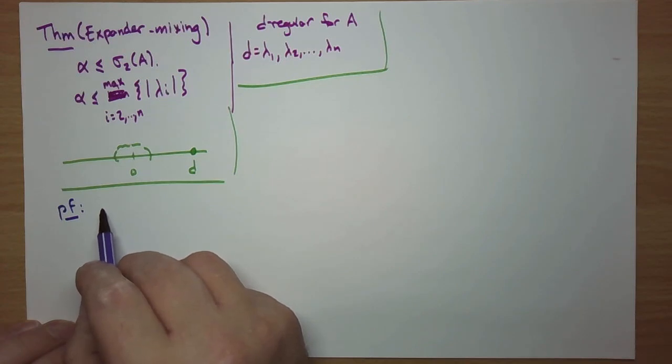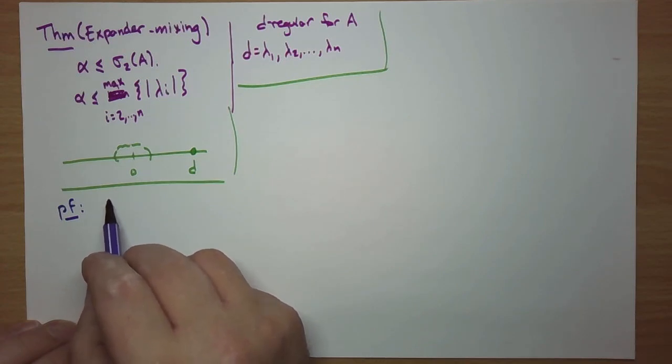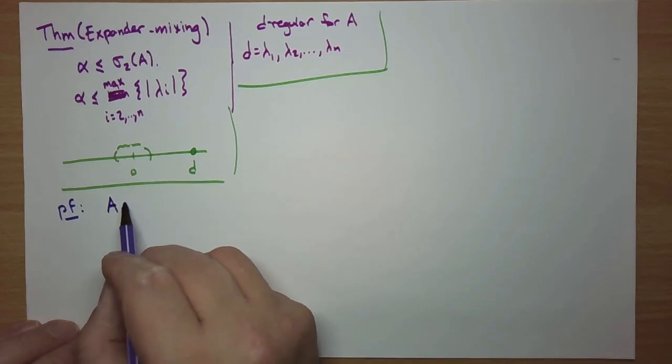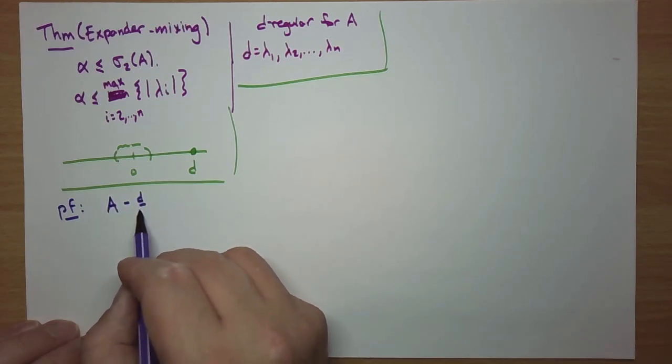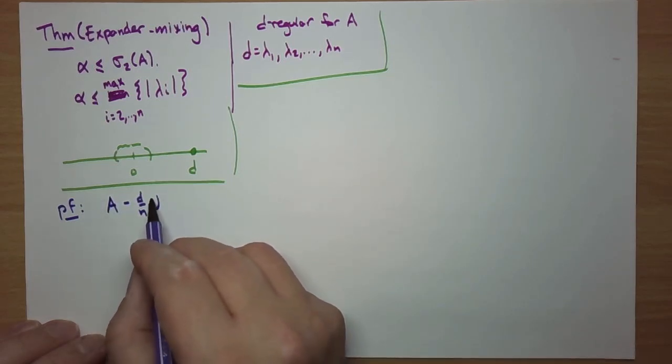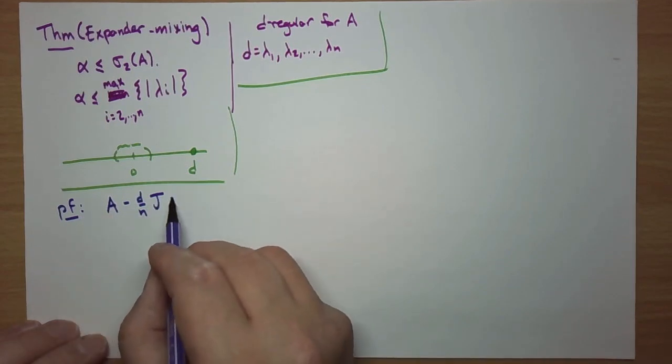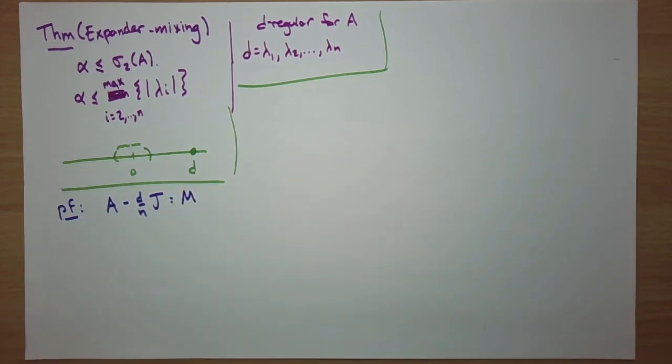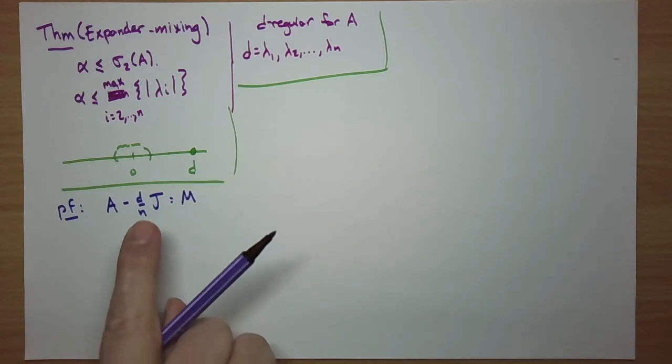I'm going to look at the following matrix: A minus d over n times J. I'm going to look at this matrix for a few minutes and think about what's happened here. Now, we know what A is.